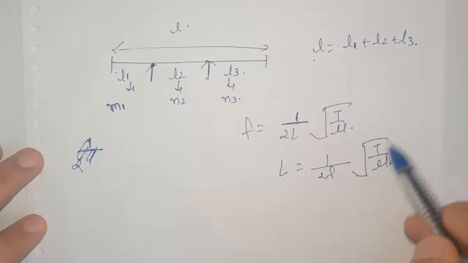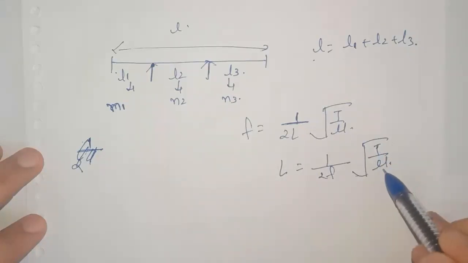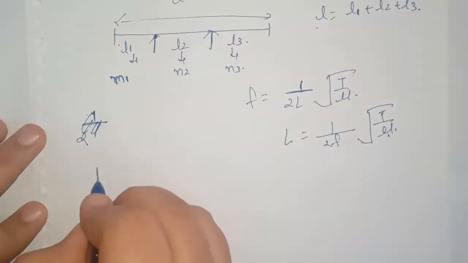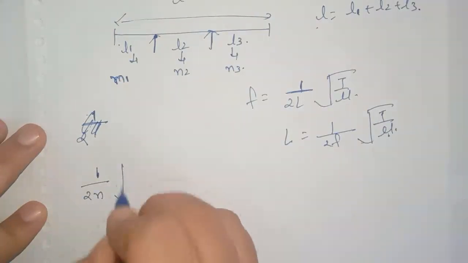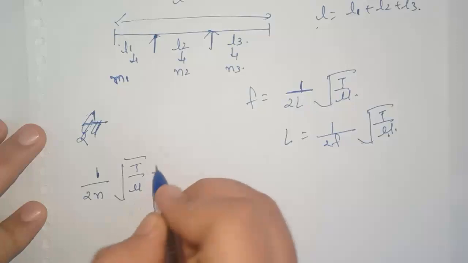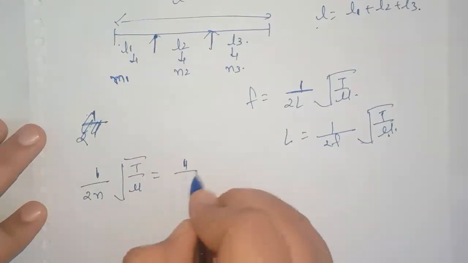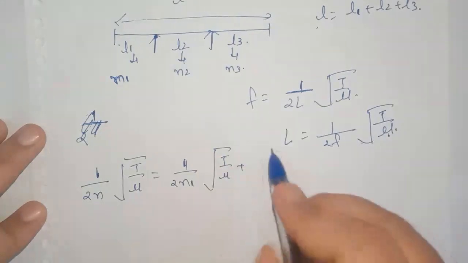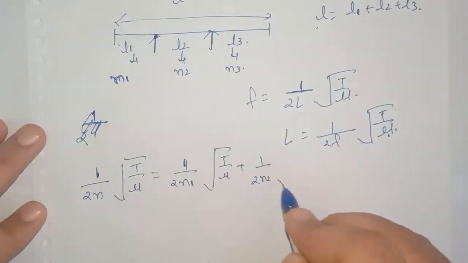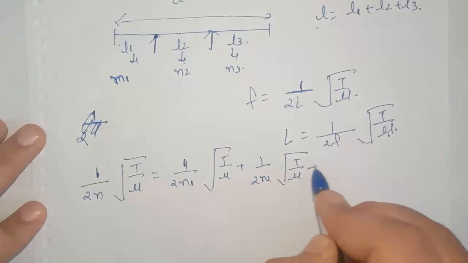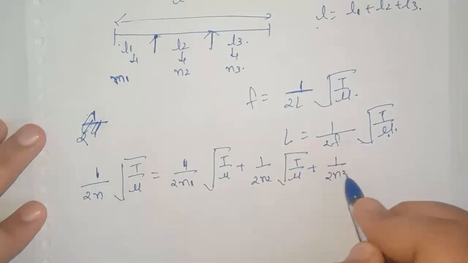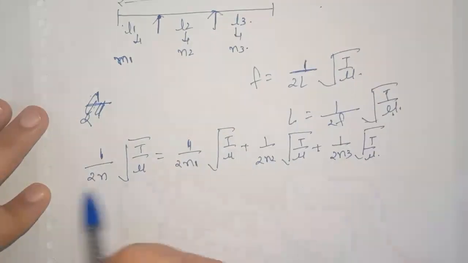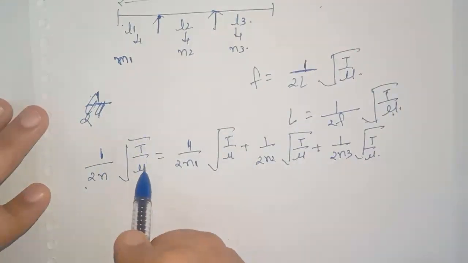Here the tension applied is the same and mass per unit length will also be the same. So L will be 1 upon 2n under root T by mu is equal to L1, that is 1 upon 2n1 under root T by mu, plus 1 upon 2n2 under root T by mu, plus 1 upon 2n3 under root T by mu. This 1 by 2 and under root T by mu will get cancelled out.